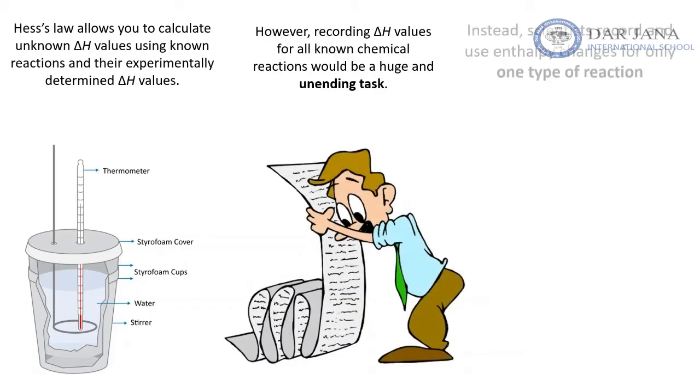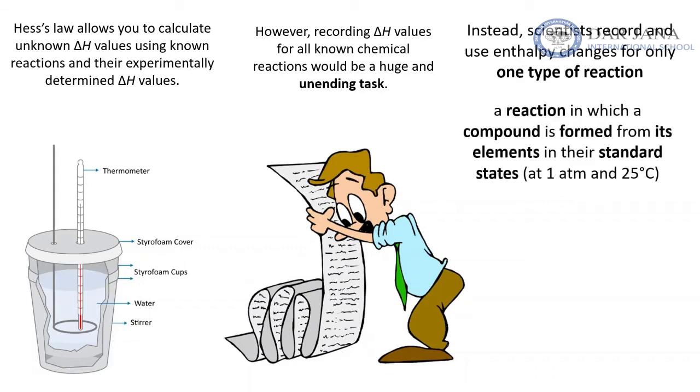Instead, scientists record and use the enthalpy changes for only one type of reaction. It's the formation reaction, the formation of 1 mole of a compound from its elements in their standard states. When I say standard state, I mean the state at 1 atm and 25 degrees Celsius.